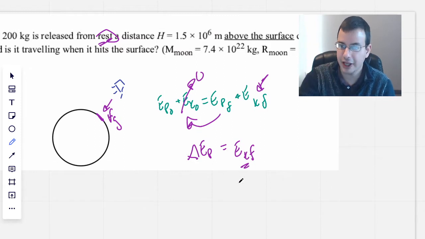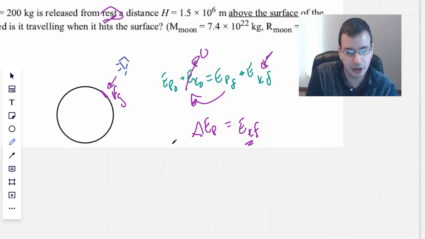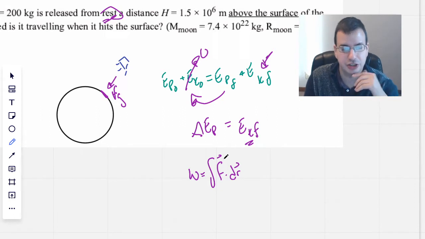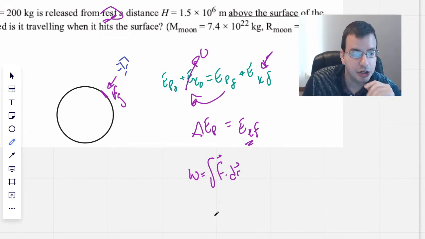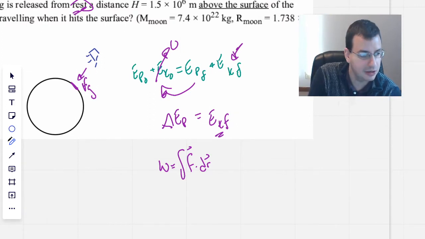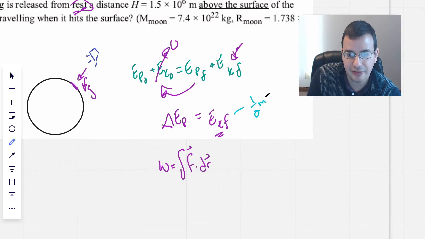The way you convert a force to work, to energy, work and energy are pretty much interchangeable, is through the formula work equals integral F dot dr. And these are both vectors, and that's a dot product. Our force here is going to be gravity, and our kinetic energy here is going to be 1/2 mv squared.